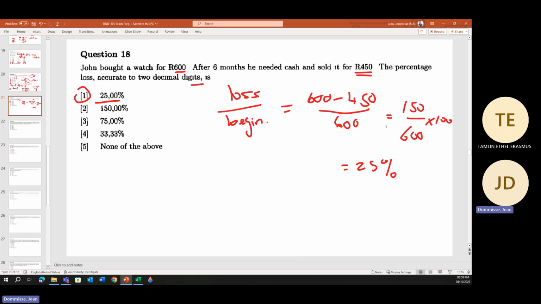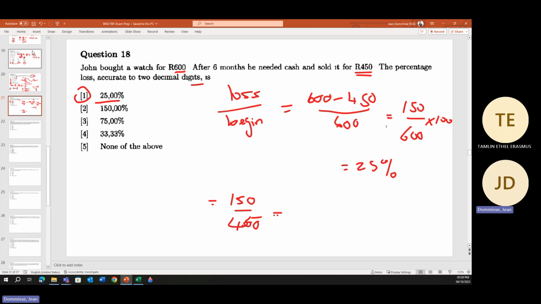They can ask nearly the same if you bought it for 450, you sold it for 600, what is the percentage profit that you make? So that they can also do. Then it would have just been profit is the 600 minus 450, which would have been 150 as well. But then we would have said divided by 450, if we looked at profit, and then the option would have been option 4.